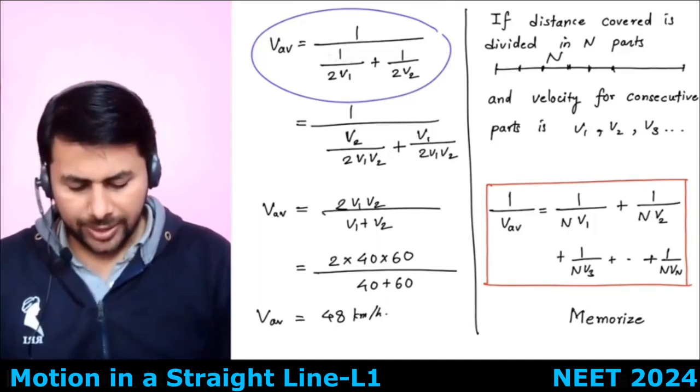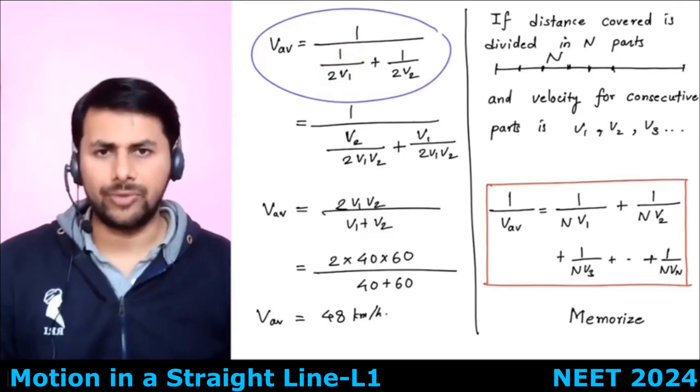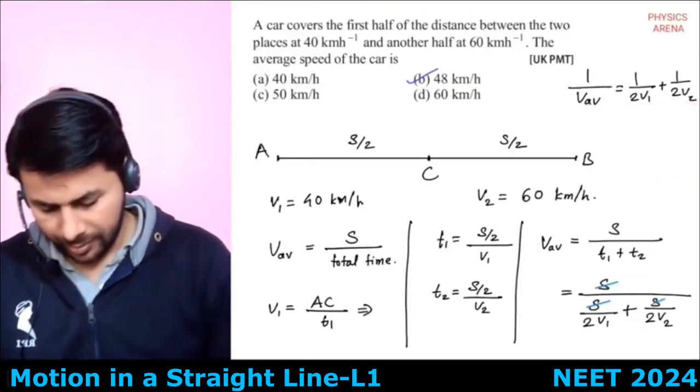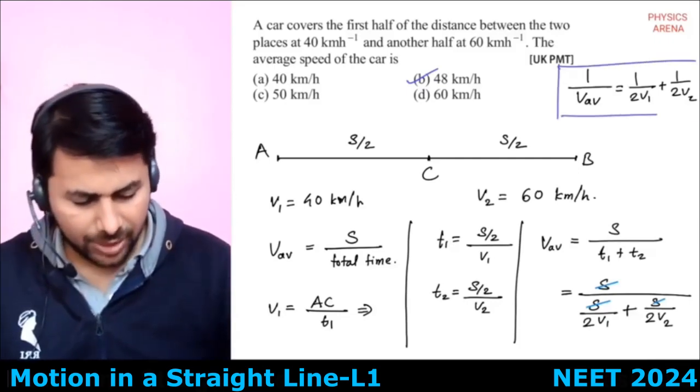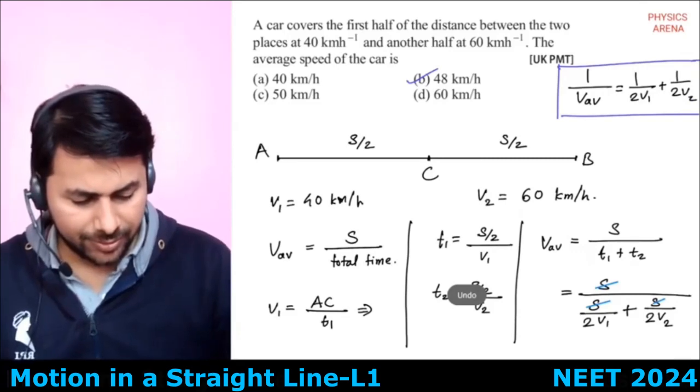So you get 1 upon v average is equal to 1 upon 2v1 plus 1 upon 2v2. This is the formula that you have to remember. Is it clear? Yes, no?